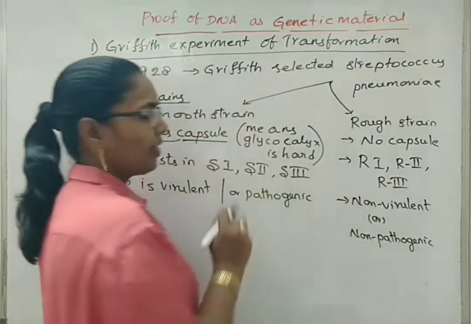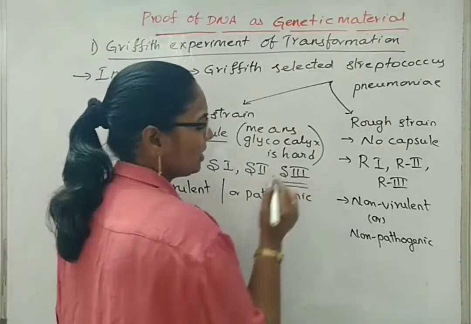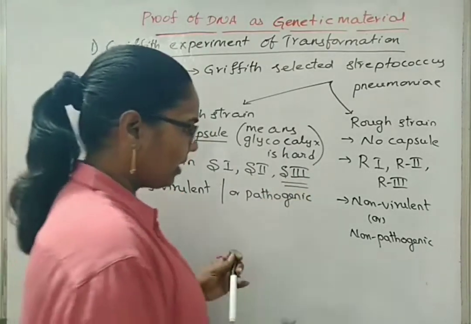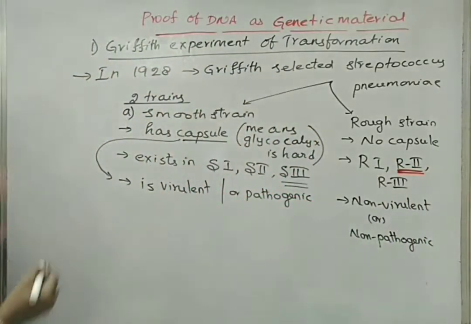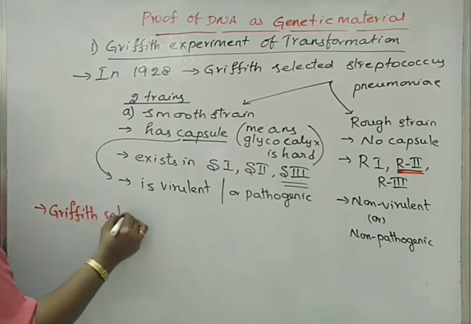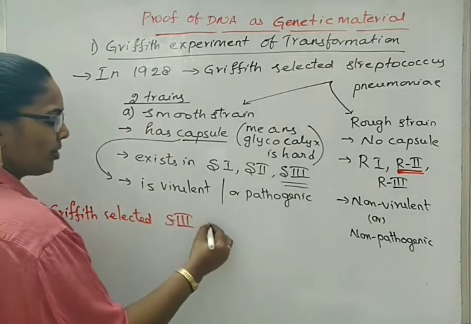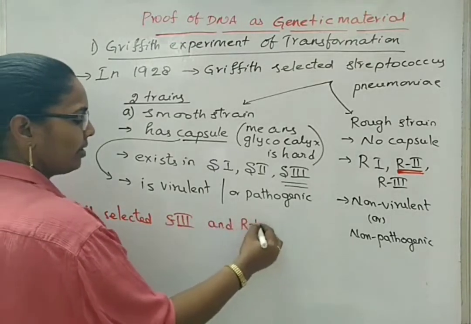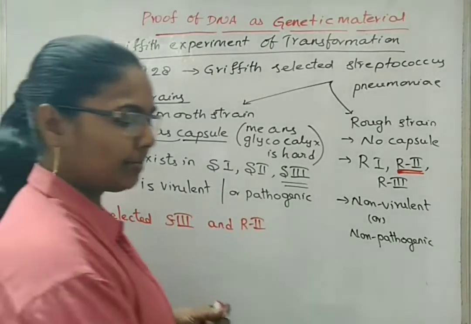Out of these two types of strains, Griffith selected S3, the pathogenic smooth strain, and R2, the rough strain, for his experiments.